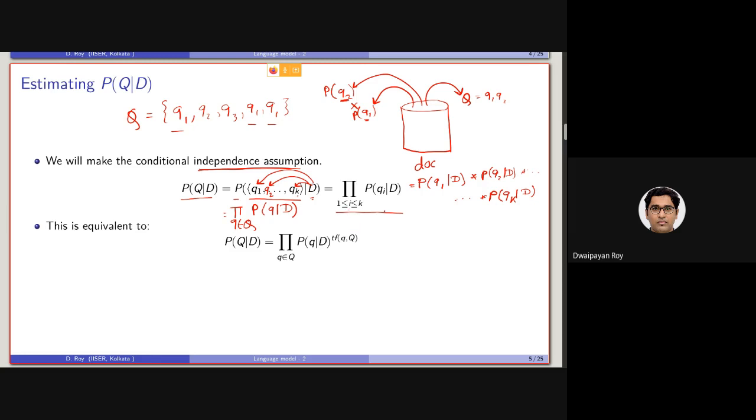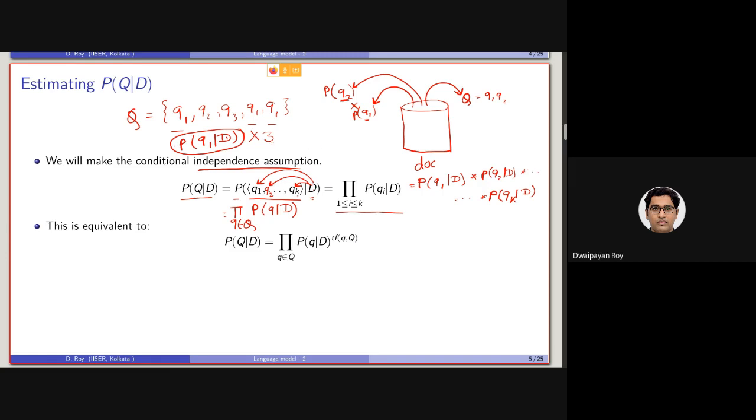Here there will be the probability of Q1 given D present 3 times, so this into this into this.